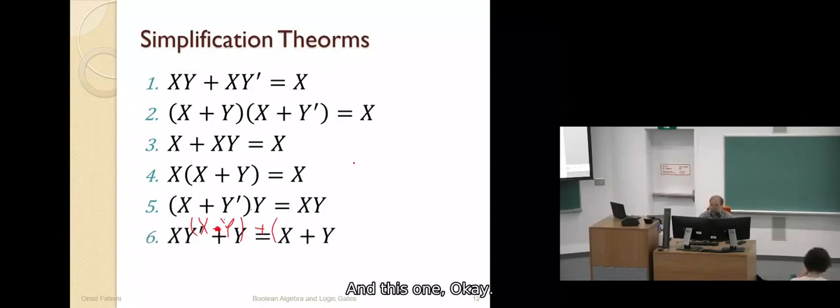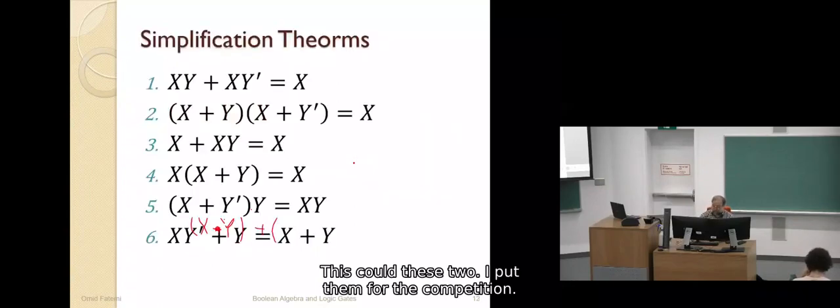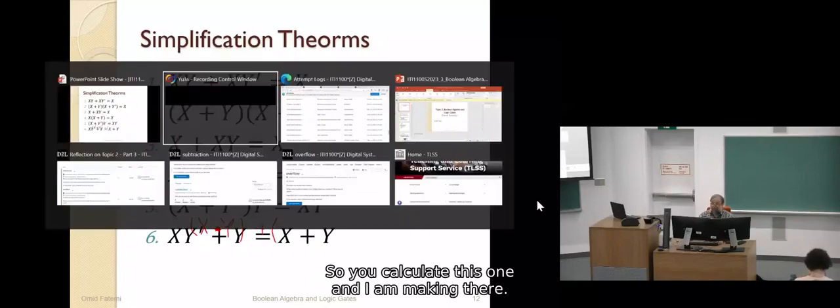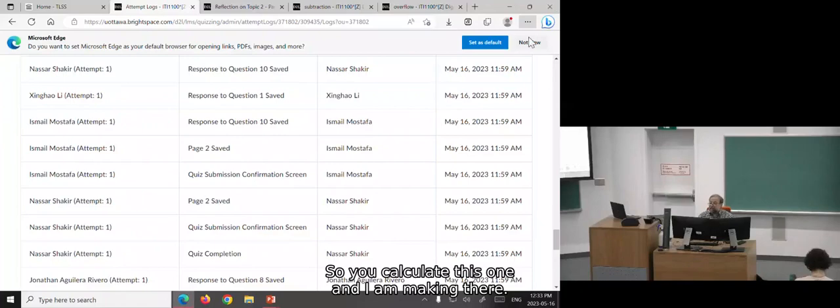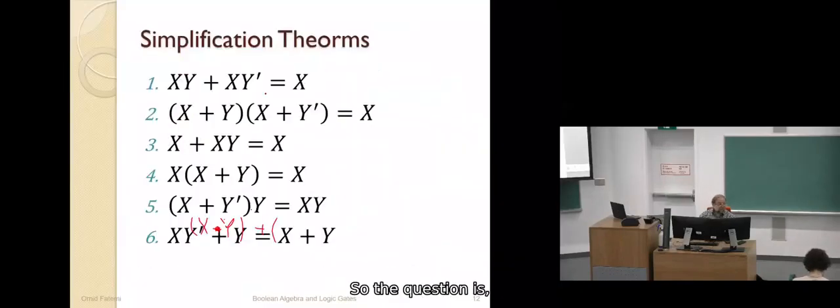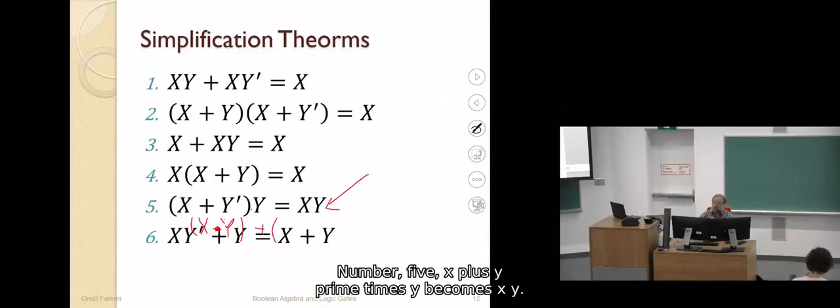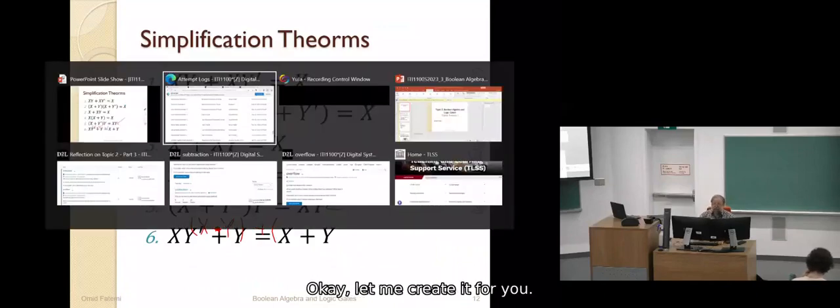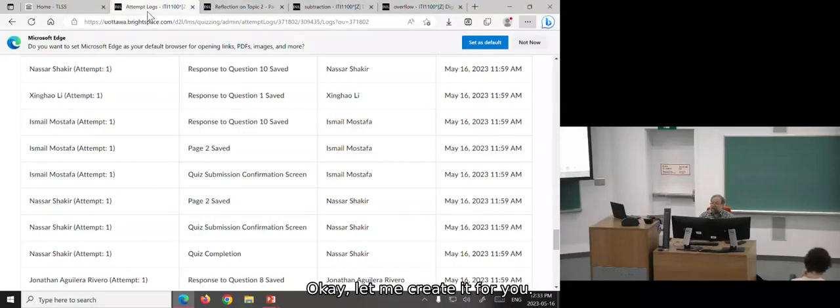Okay, these two, I put them for the competition. So you calculate this one, and I am making it there. So the question is, how do you prove this? Number 5, x plus y prime times y, how does it become xy? Okay, let me create it for you.